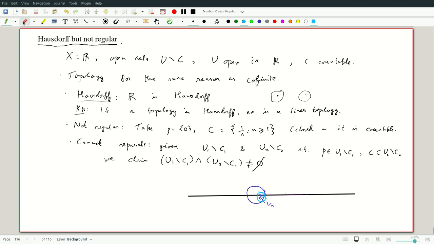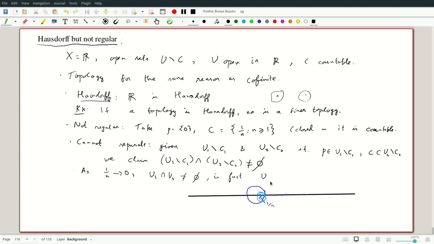This is just using the basic properties. So in fact, I can just say, as 1 over n converges to 0, U1 intersection U2 is non-empty. So these are two open sets which are non-empty.